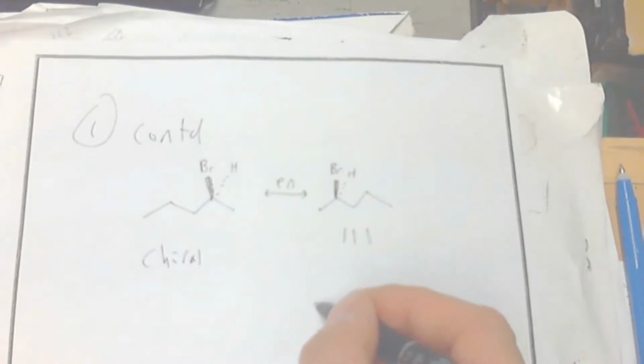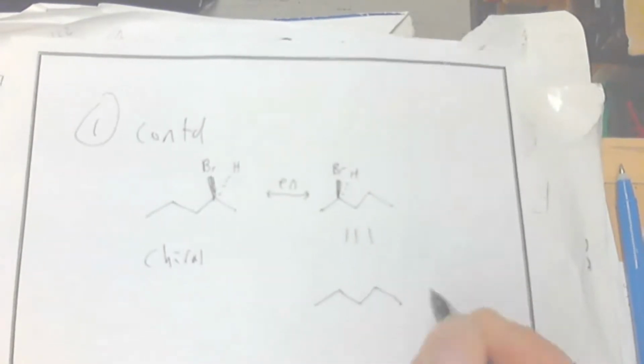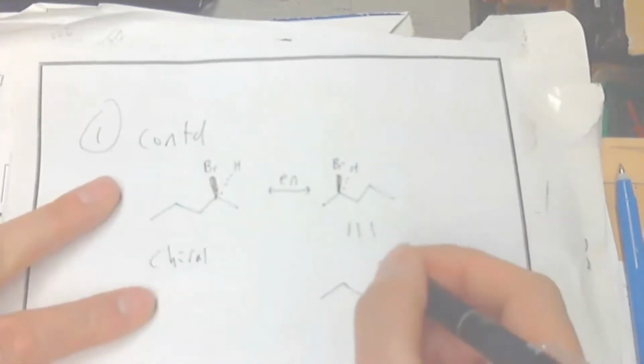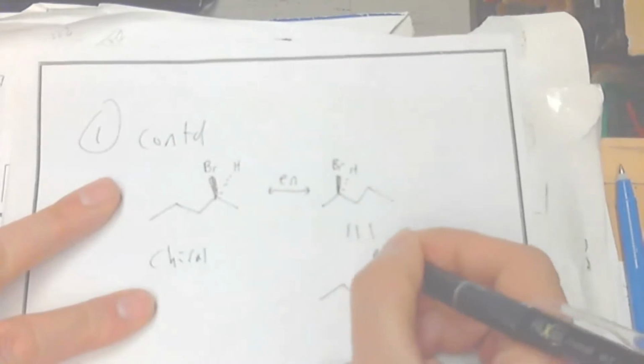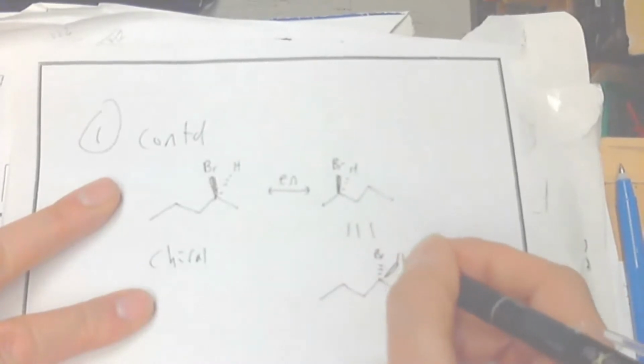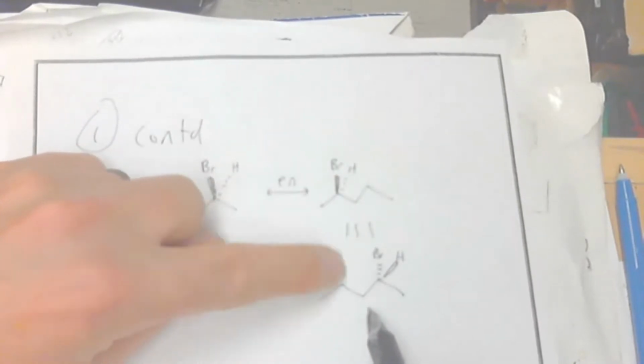What's the other way I can draw this really easily? I can just keep it all the same, but imagine the Br going the opposite direction. If you just envision these 2 molecules, you can totally see, yeah, they're enantiomers. These are the same. I'm looking at them from different angles, right?